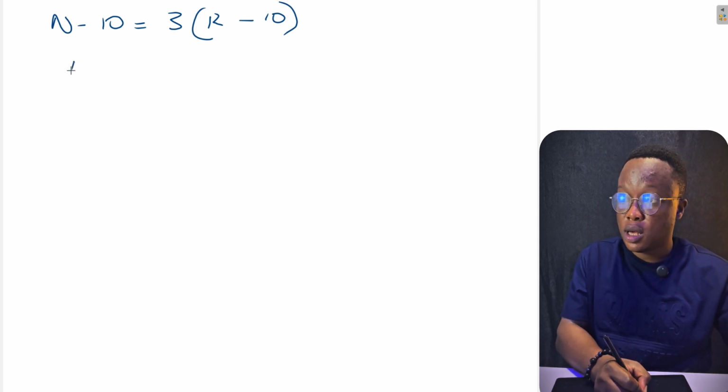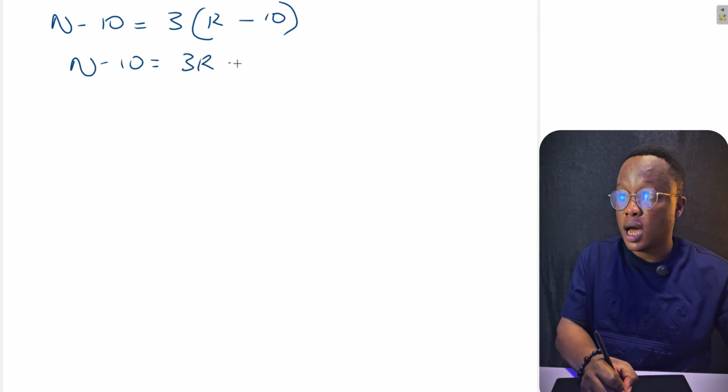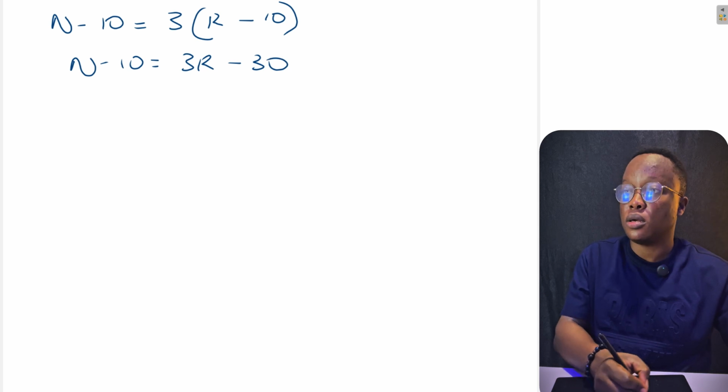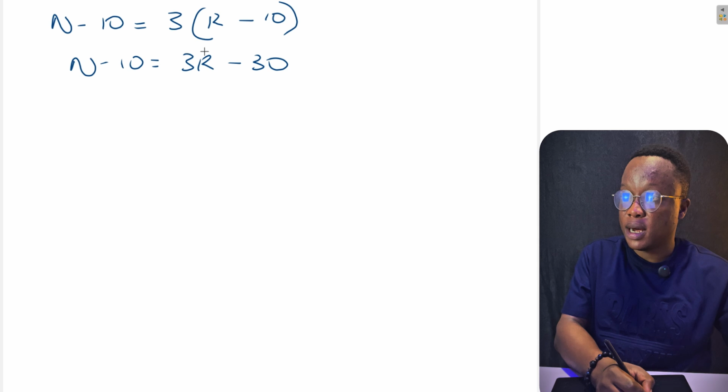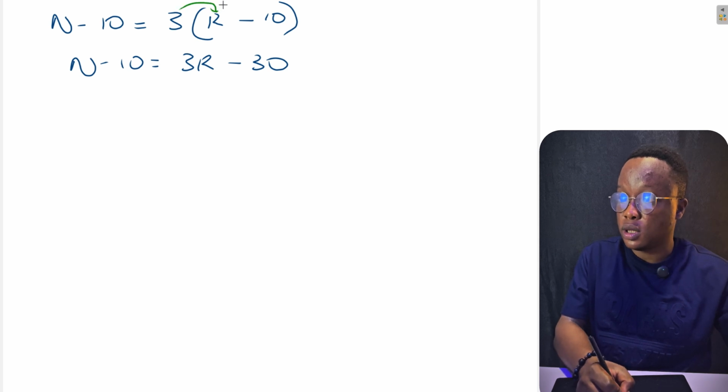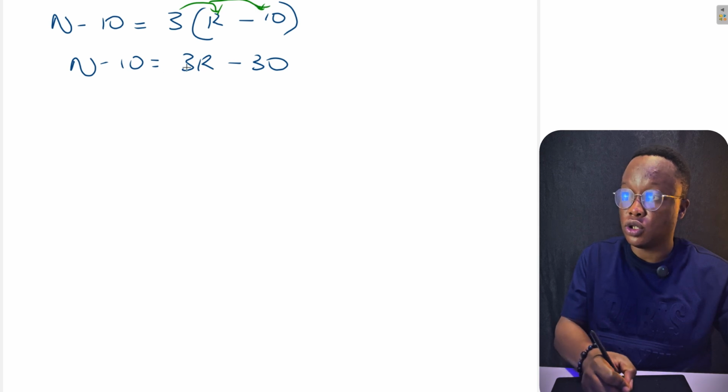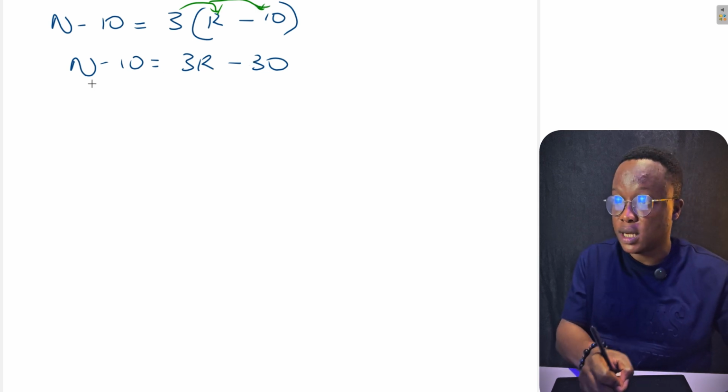We say N minus 10 is equal to 3R minus 30. How do we do that? All we did was we opened the brackets. So 3, we multiply R. 3, we also multiply negative 10. So we have 3R minus 30.